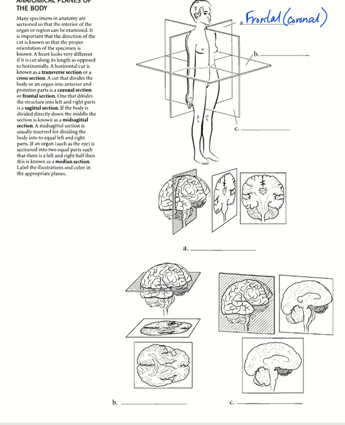Some terms or some of the structures inside your body are named for their planes. So you'll see this again, especially when we talk about bones. But your frontal means that you are separating front and back. So this is if you were to cut her in half so that she has a front half and a back half.